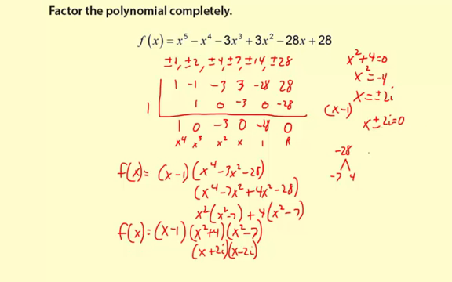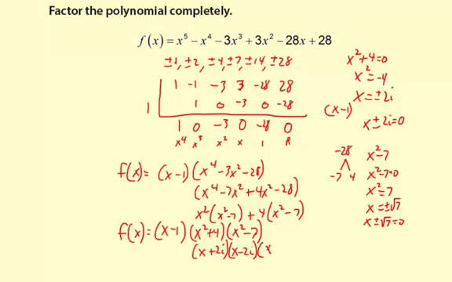Same approach for x squared minus 7. x squared minus 7 equals 0, so x squared equals 7. Square root both sides, x equals plus or minus square root of 7. So x plus or minus square root of 7 equals 0. Well, the x plus square root 7 and x minus square root 7, those are going to be my factors.